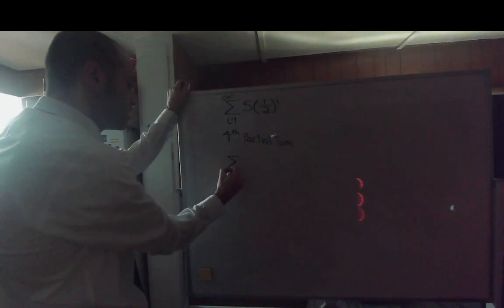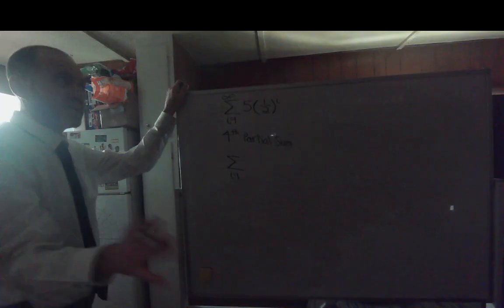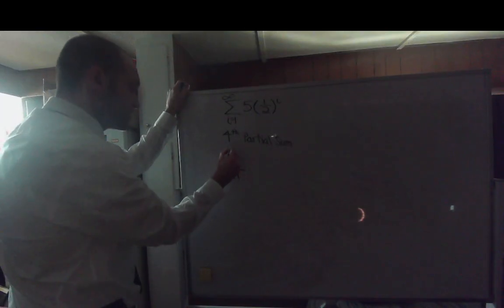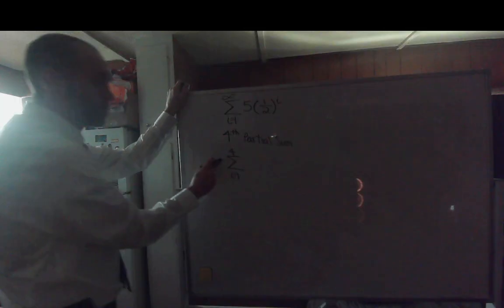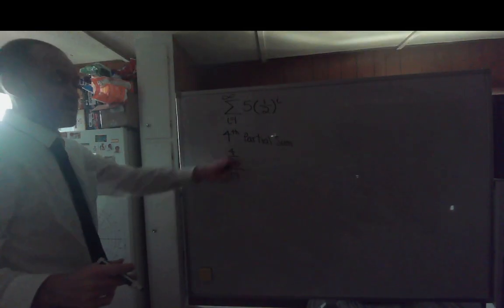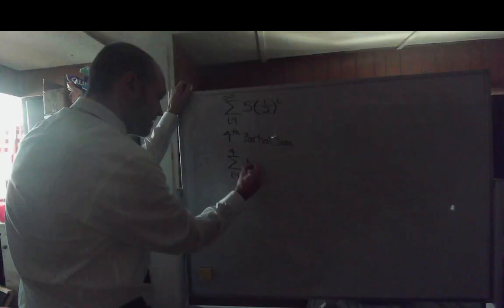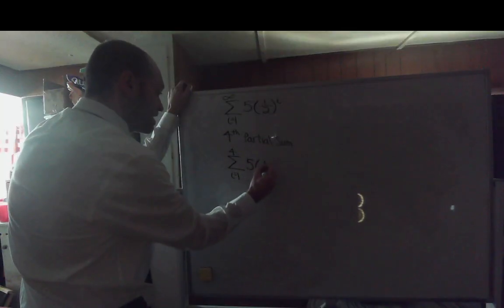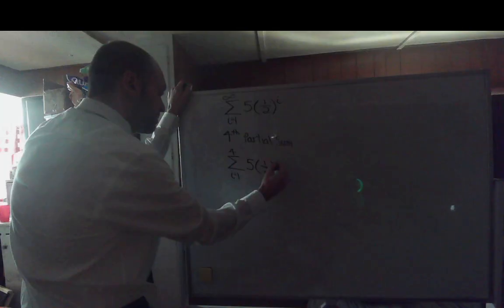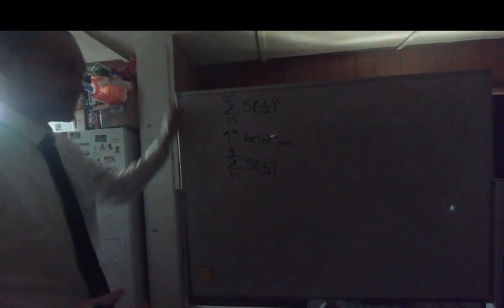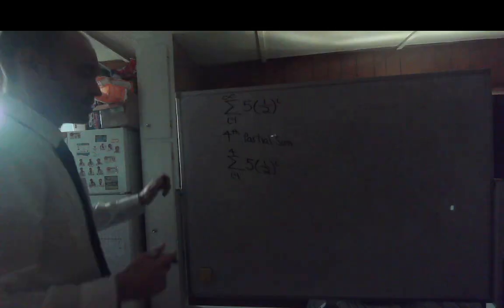So let's take i equals 1, and they tell us they want the fourth partial sum. That's going to go from 1 to 4 of 5 times 1/2 to the i power. Now all of a sudden this isn't so bad, since we're going from 1 to 4.